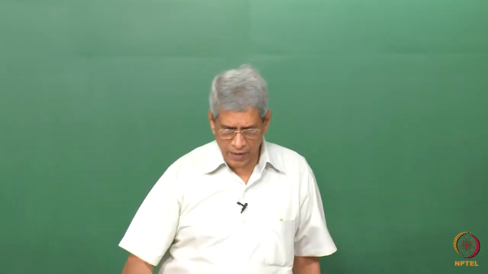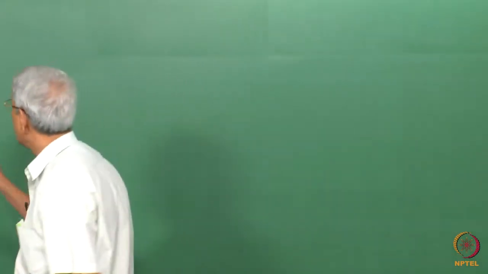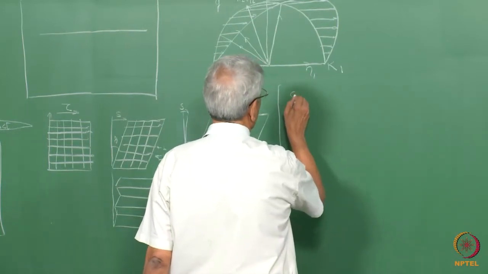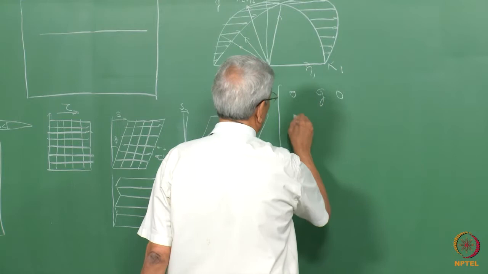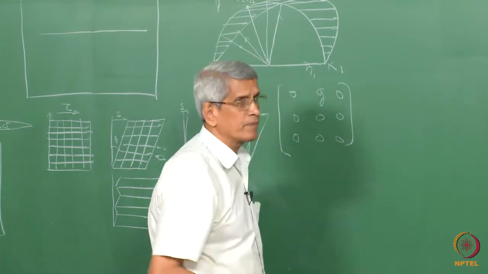The same transformation we could consider in a different way. That is, this is how the strain tensor we are writing it, correct?